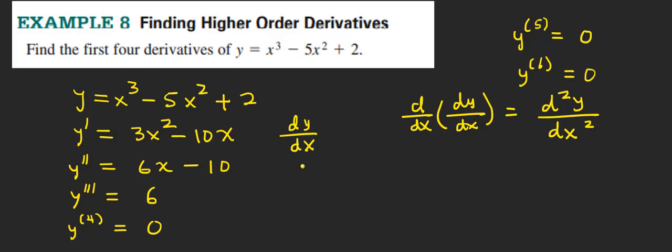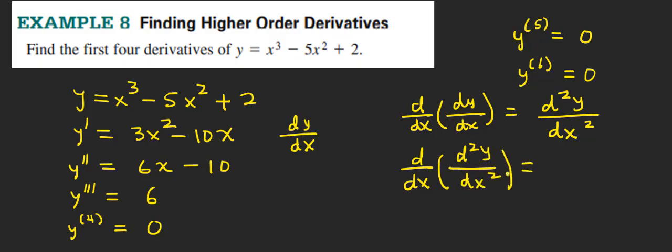So this is a notation for the second derivative. What about the third derivative? D over dx of d squared y over dx squared. Well, multiplying this out, you're going to get d cubed y over dx to the third. So you get the idea? We have different notations for the first derivative, second derivative, and third derivative.